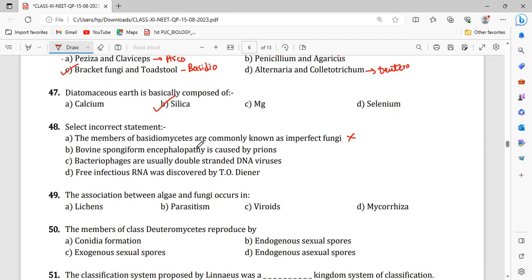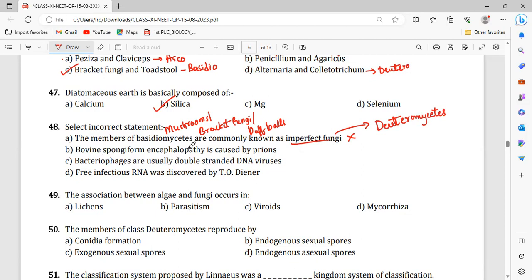No. Members of Basidiomycetes, they are called as either mushrooms, or bracket fungi, or they are also called as puff balls. So imperfect fungi, they belong to the class Deuteromycetes. So this first is the incorrect statement.